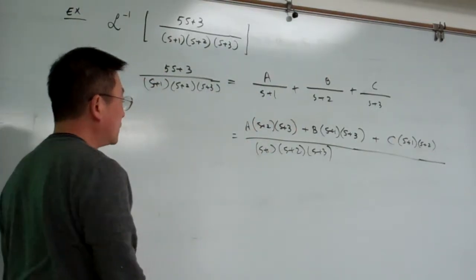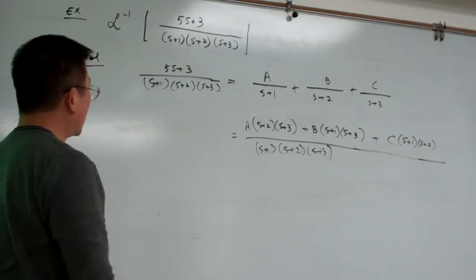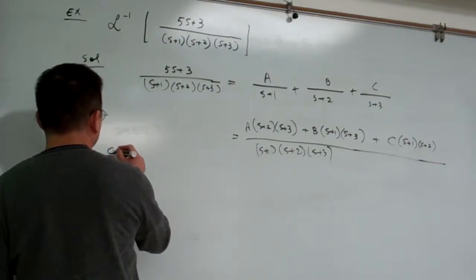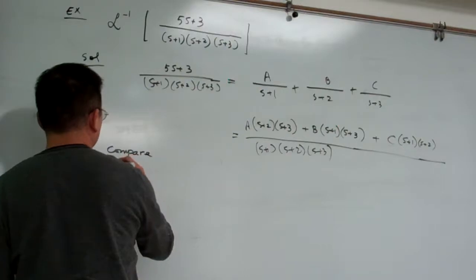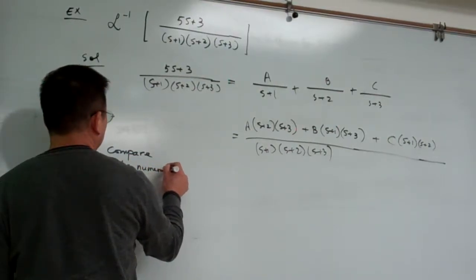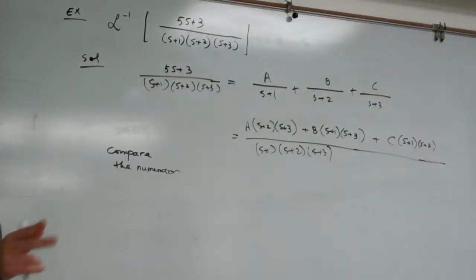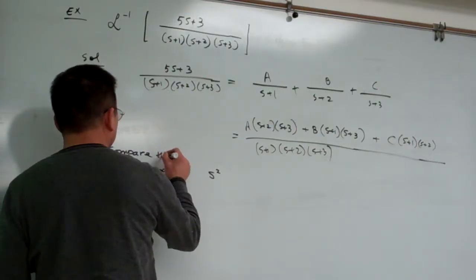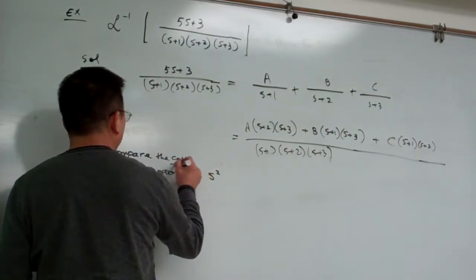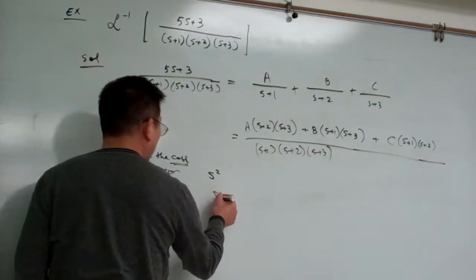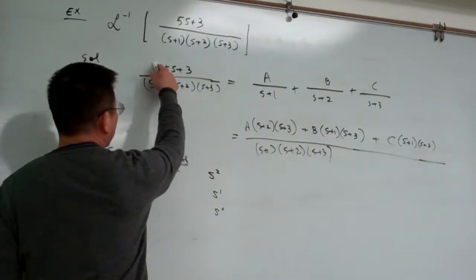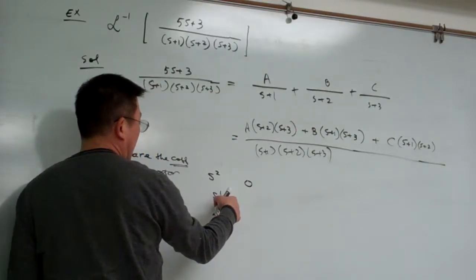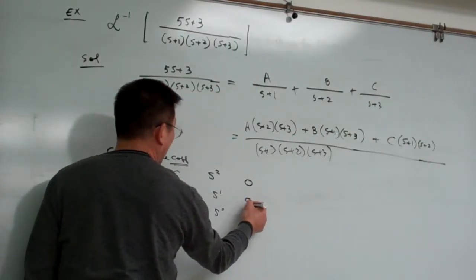To determine A, B, C, we compare the numerator on both sides of the equal sign, and simply compare the coefficients of s squared, s to the 1, and s to the 0. On the left-hand side, the coefficient of the s squared term is 0, the s term is 5, and the constant is 3.